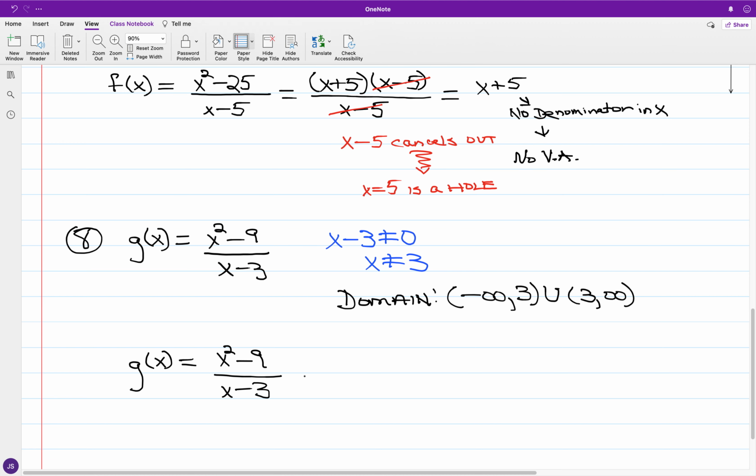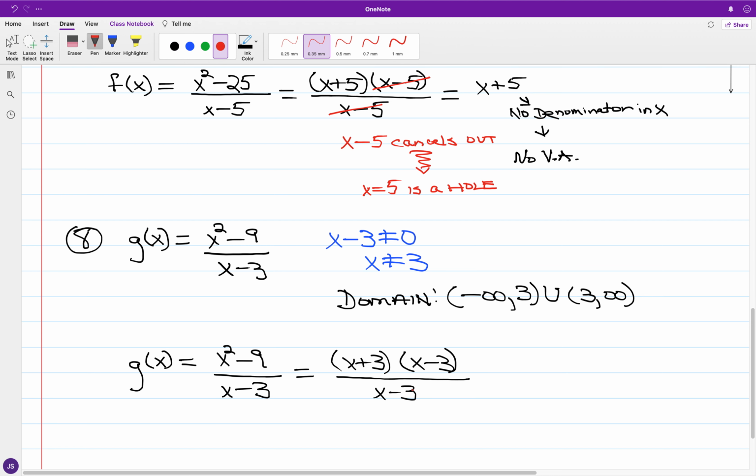So we have a little bit of history to repeat. The numerator is going to be a difference of squares, and in the difference of squares we have a factor that is identical to what is in the denominator. So the follow-through is once again the same: x minus 3 cancels out.